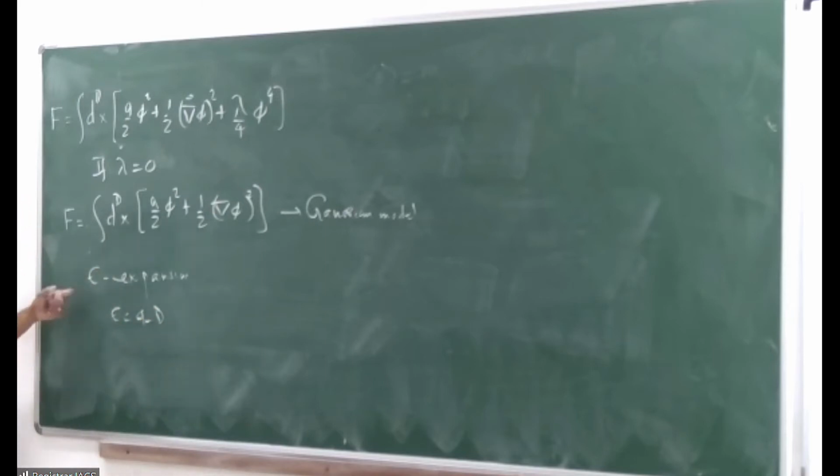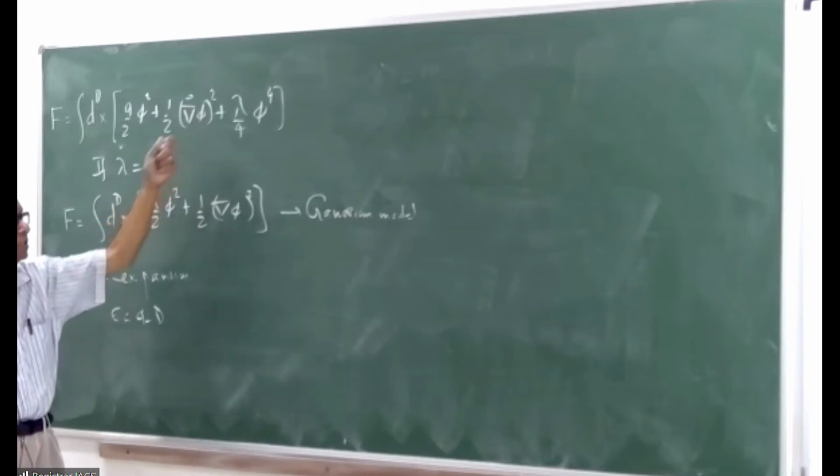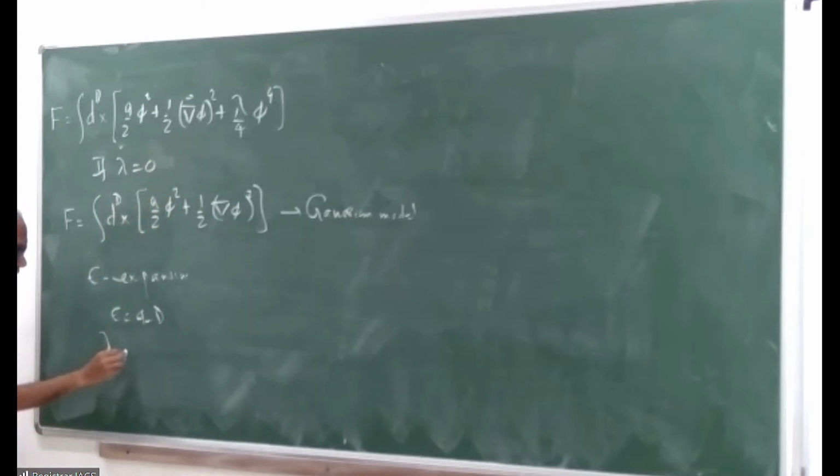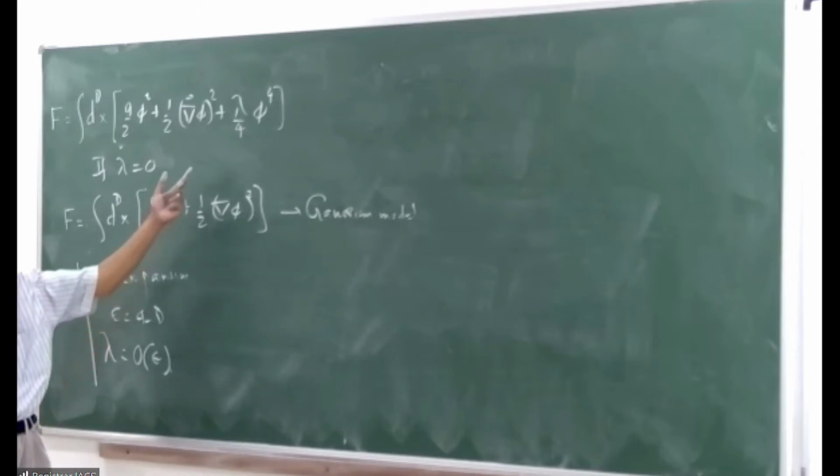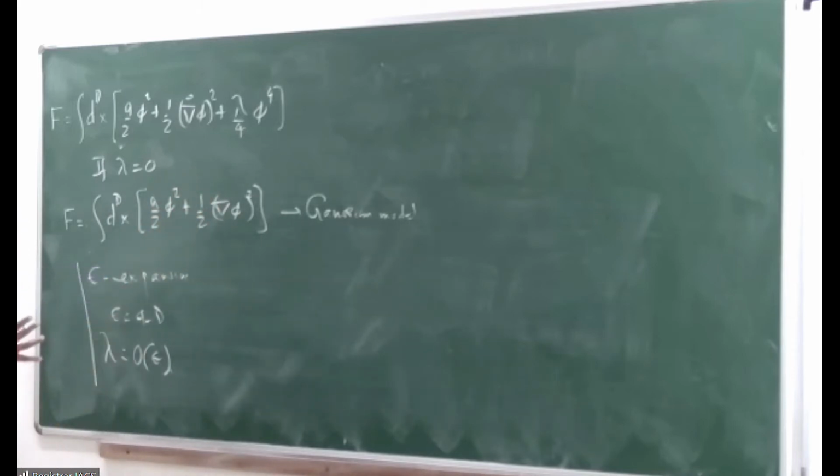So you tune the spatial dimension to use it as an expansion parameter. The lambda will turn out to be of order epsilon, and so the so-called epsilon expansion is a question of exploiting the fact that lambda is on the verge of becoming irrelevant at d equal to 4.